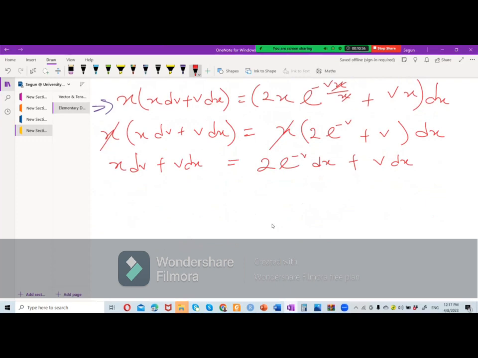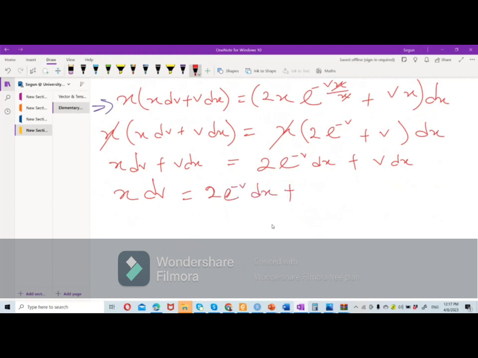If I take this v dx to the other side, it will be x dv equals 2 exponential minus v dx plus v dx, minus v dx, which simply means this goes with this. So at the end of the day, we have x dv equals 2 exponential minus v dx.